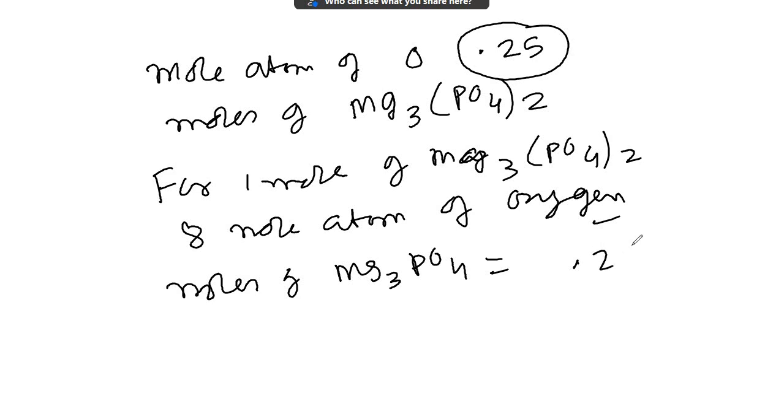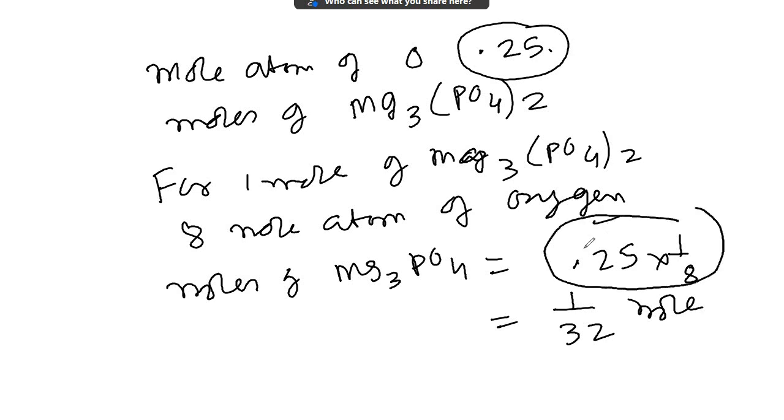So 0.25 into 1 by 8 gives you the moles of magnesium phosphate, that is 1 by 32 mole.